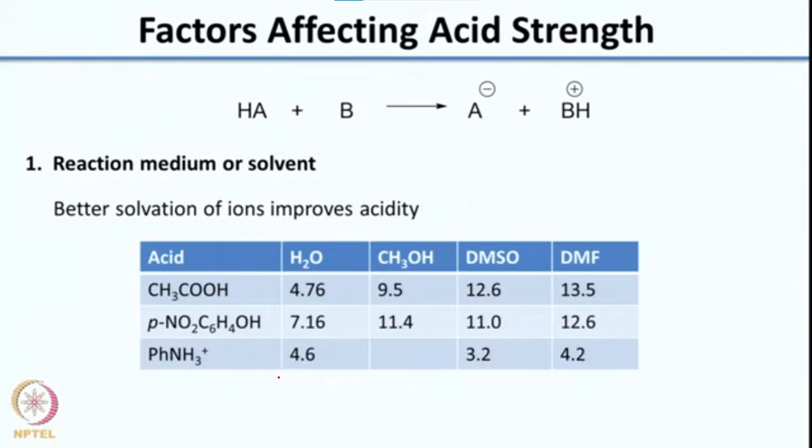The solvation of this phenyl NH3 group is more in DMSO and DMF compared to water. That's why the pK value is reduced, and the acidity increases in DMSO and DMF. So solvents are playing a very important role when we are talking about acidity.